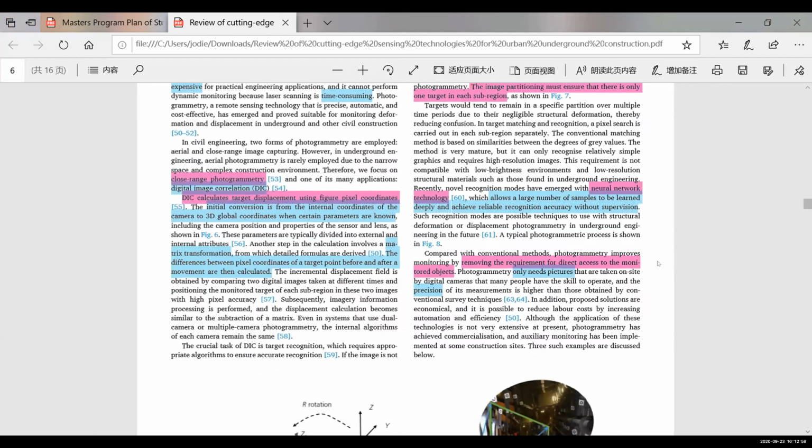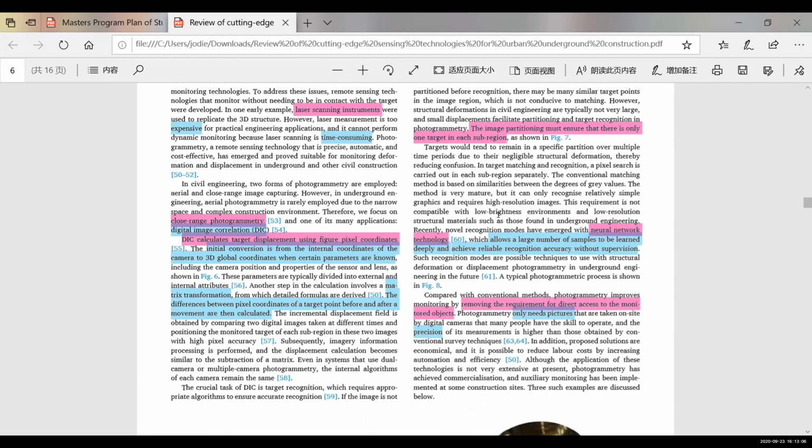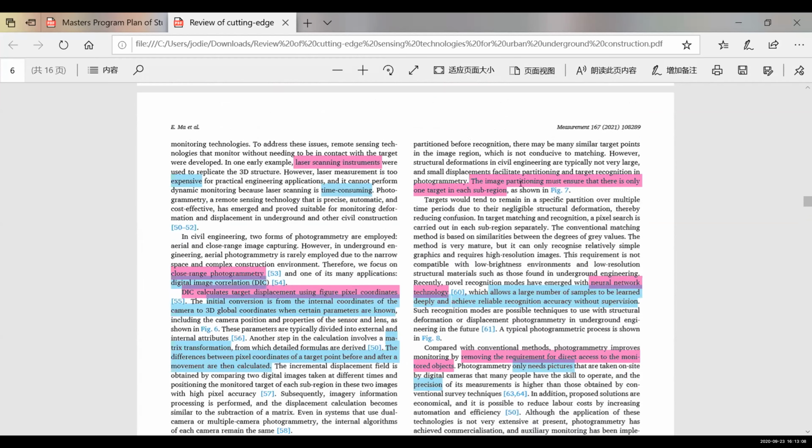One important part of the DIC is that the image partitioning must ensure that there is only one target in each subregion, as shown in this figure.